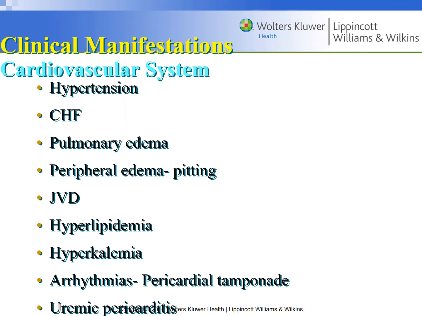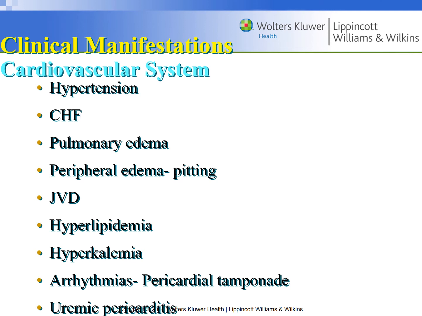So let's talk specifically about some of the systems. We've got hypertension that's going to occur because of that sodium and water retention or from an activation of the renin angiotensin aldosterone system. Heart failure and peripheral edema from fluid overload can occur as well. Peripheral edema can occur also because we're retaining fluid there.